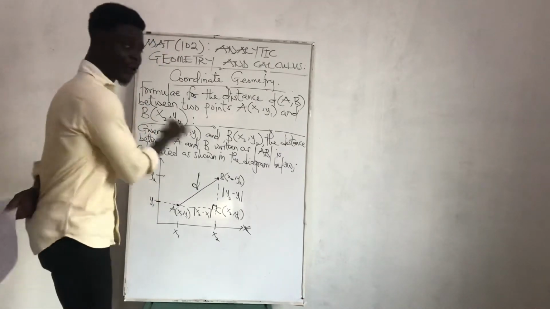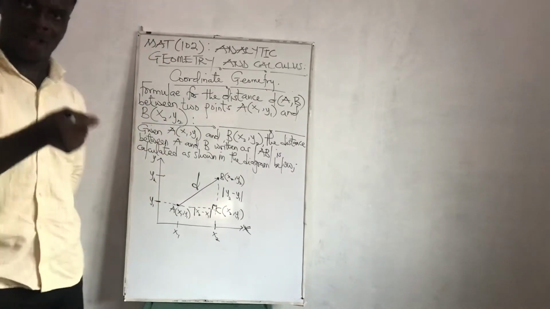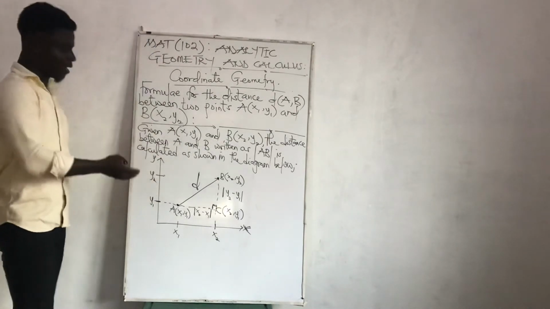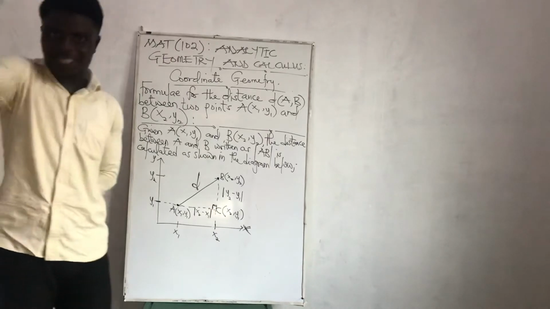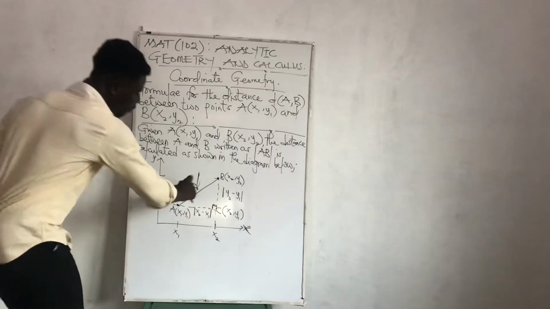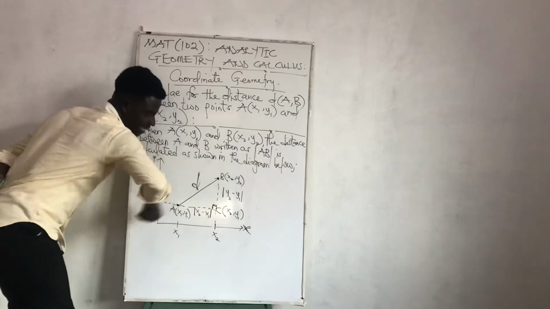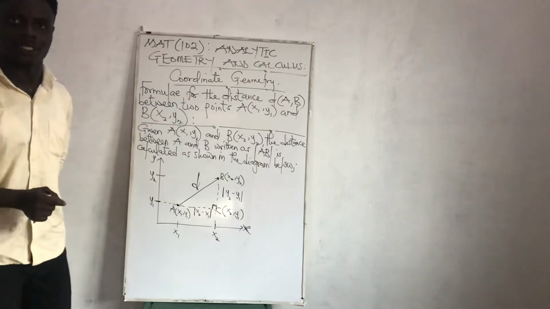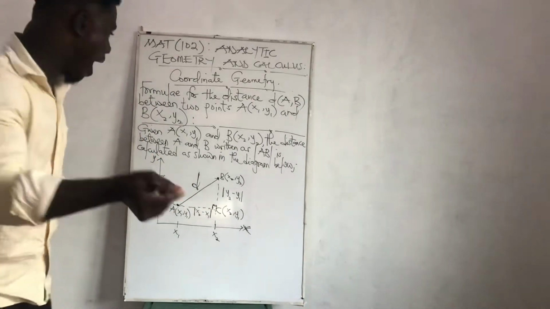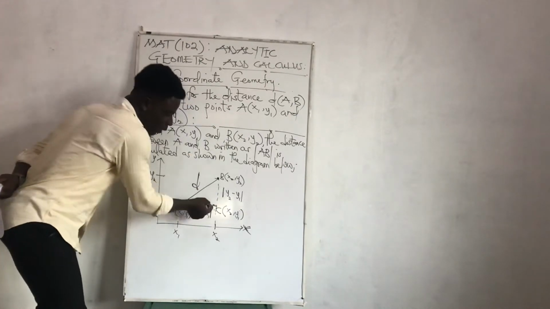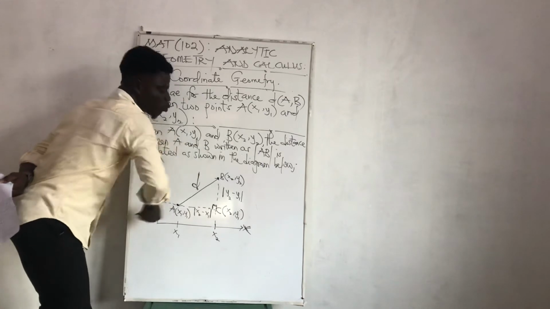Because this is a right-angled triangle, and you want to find the distance of this, you know that from Pythagoras Theorem, we can deduce that this D, this length, or this side is the hypotenuse. That's the longest side. Why? Because this 90 degrees is opposite to this side.